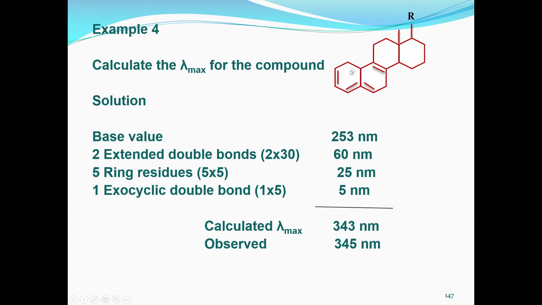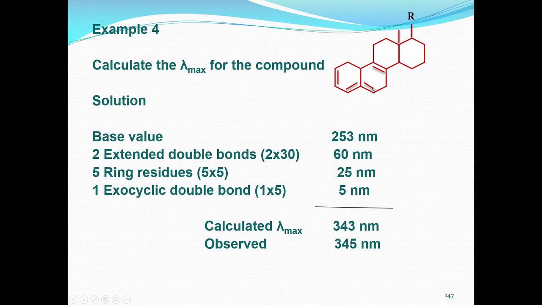So, for this compound, the lambda max base value is 253, because I see a double bond inside a ring. This is the conjugation system: double bond, single bond, double bond, and then single bond, double bond, and then single bond, single bond. So, this double bond is not in conjugation with the system. Here I see a homoannular diene, 2 double bonds inside one ring.